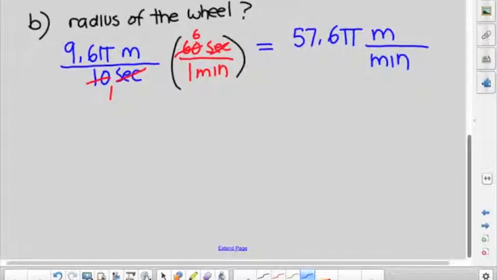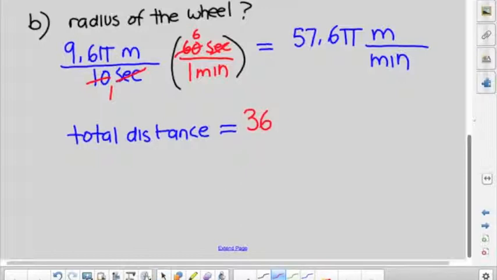My second step, the total distance is equal to what we just found out in the last question. There are 36 rotations of 2 pi r, my circumference.